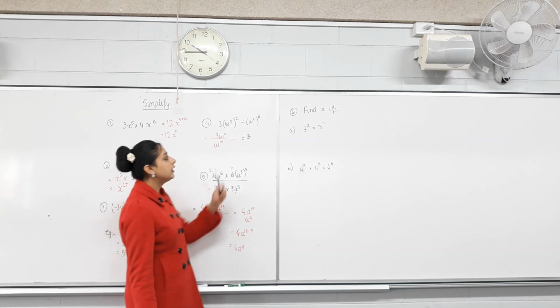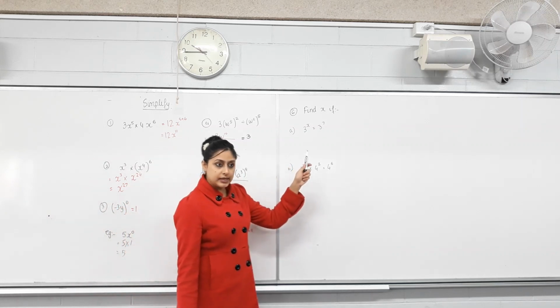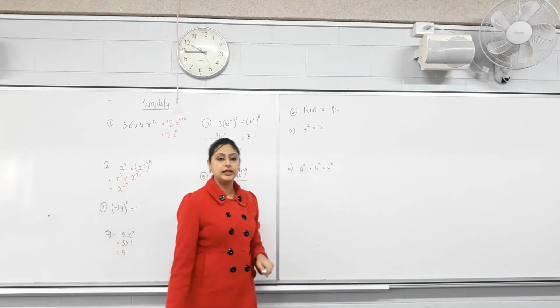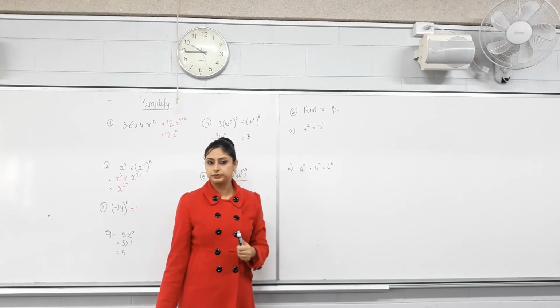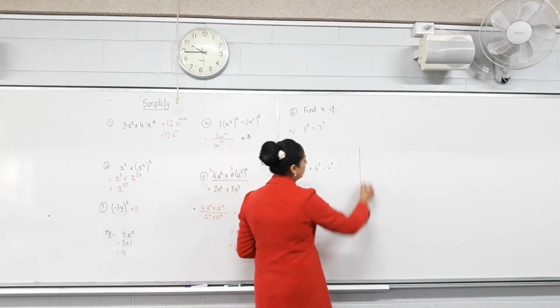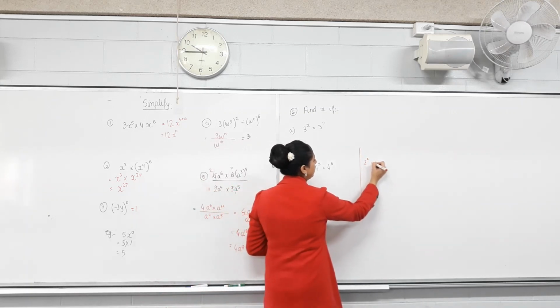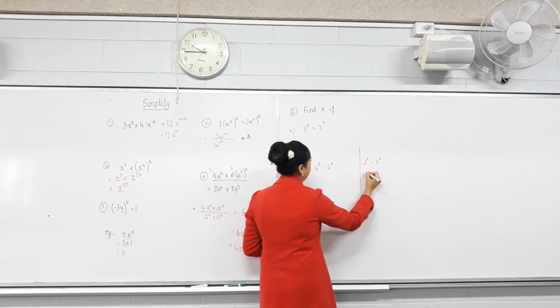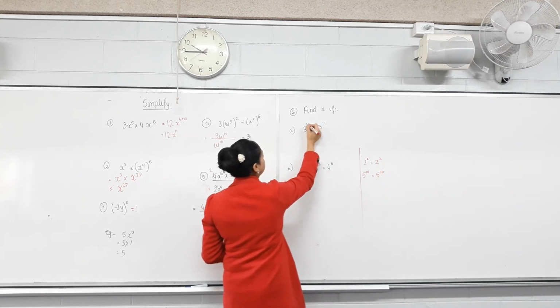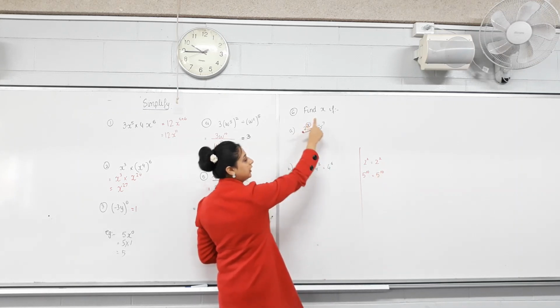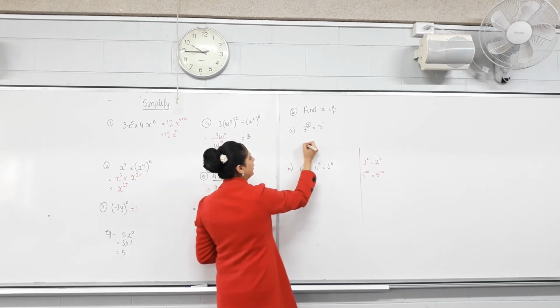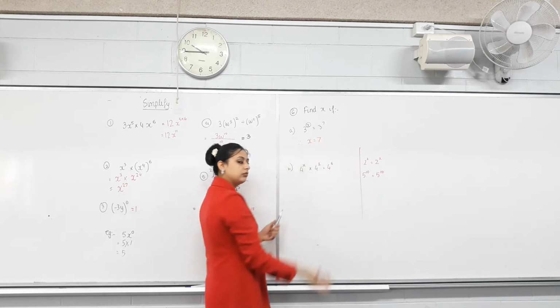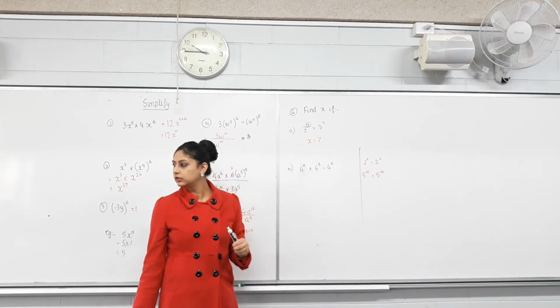Next one. Find x if 3 to the power of x is equal to 3 to the power of 7. Now, if I do some working out here, will 2 squared be equal to 2 squared? Isn't that common sense? Will 5 to the power of 10 be equal to 5 to the power of 10? So what should x be equal to? If 3 to the power of something is equal to 3 to the power of 7, what would x be equal to? Isn't that common sense? Because they're equal.